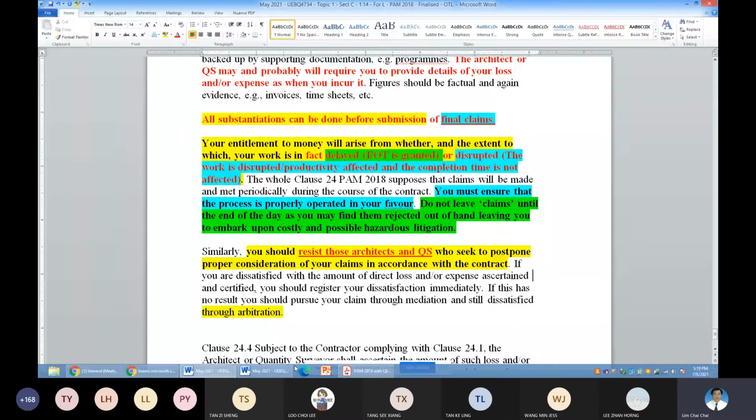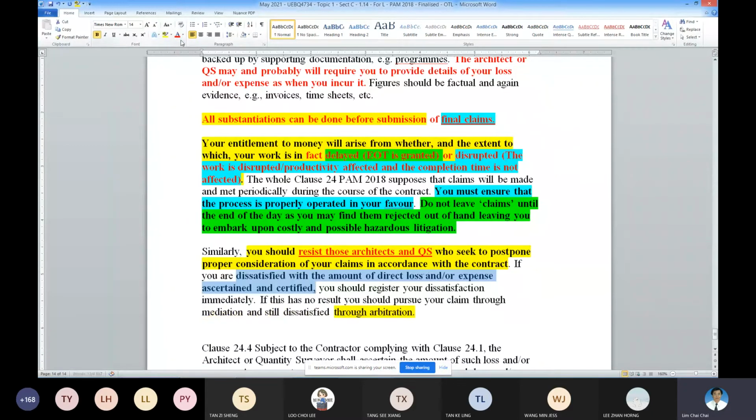So if you are dissatisfied, as usual, all evaluation by the architect is always reviewable by the arbitrator. Okay, you must register your dissatisfaction immediately so that you can take this in through your arbitration.